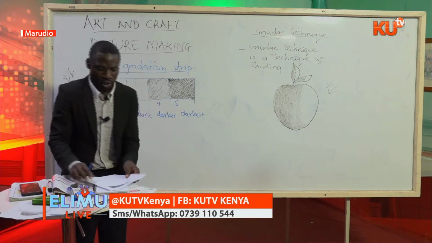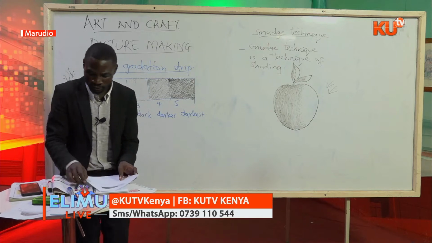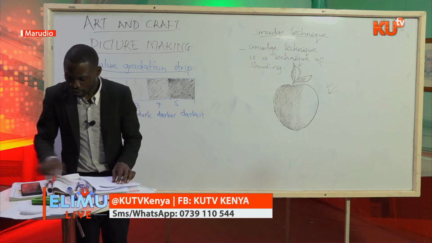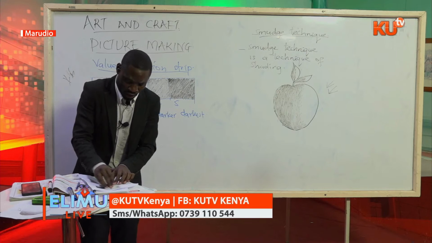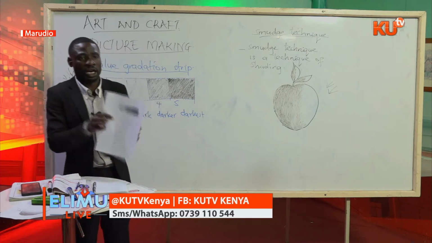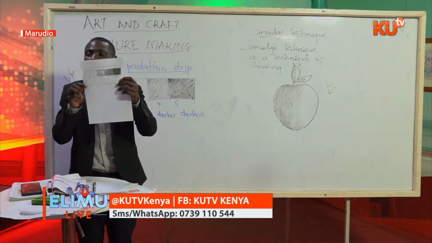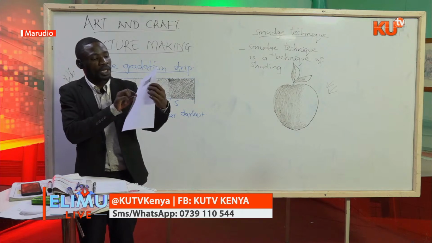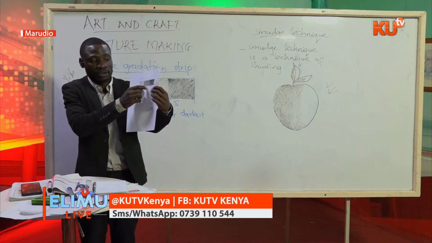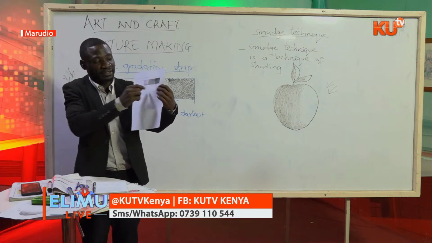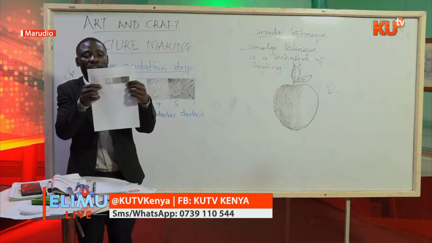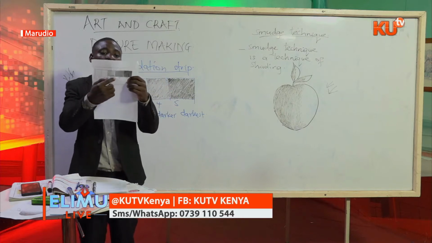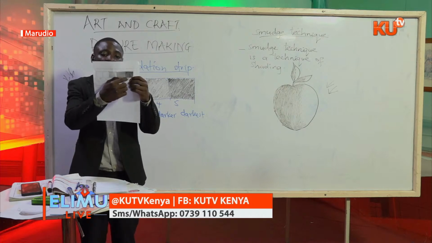Thank you. Now I want us to observe this one. The third one is lighter compared to the fourth one, and it is the lightest if you compare with these other two boxes.